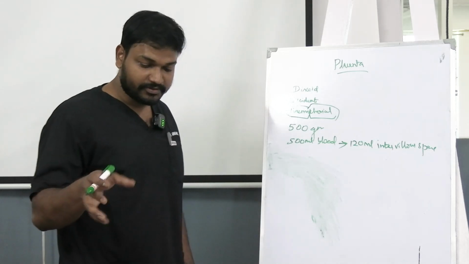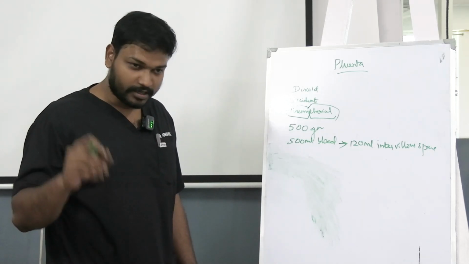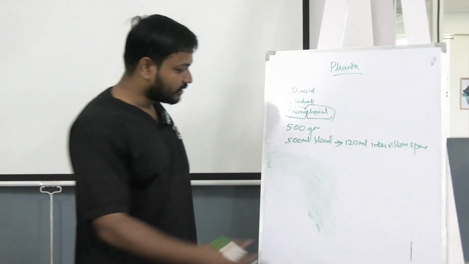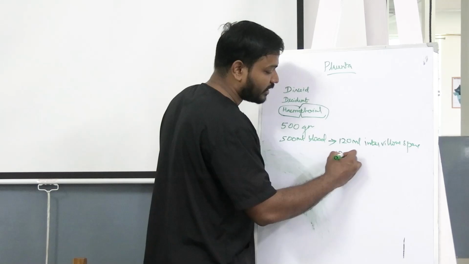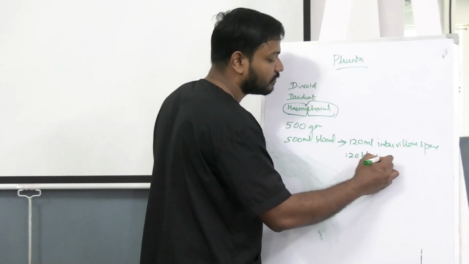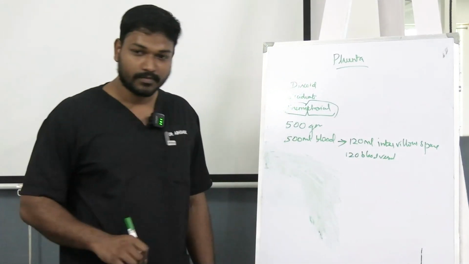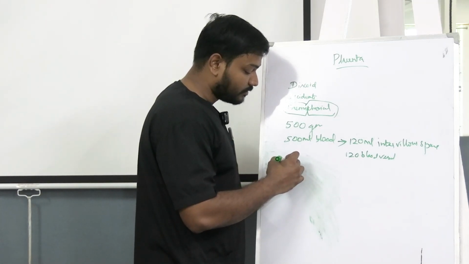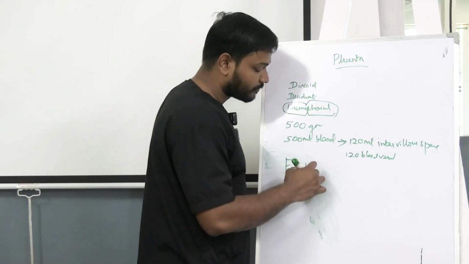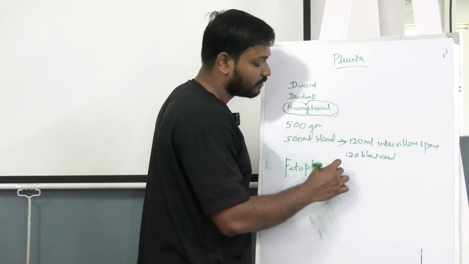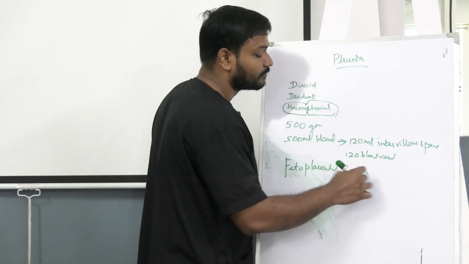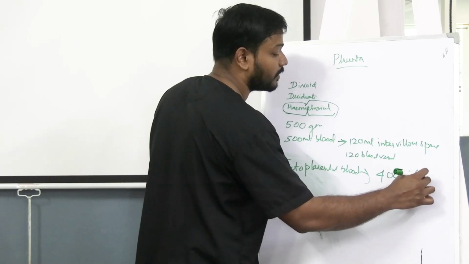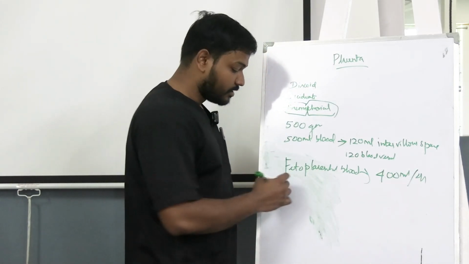Okay, the functional unit of the placenta is what? Cotyledon. How many cotyledons? There are 15 to 20 cotyledons. These cotyledons have approximately 120 blood vessels. The normal feto-placental blood flow is 400 ml per minute.